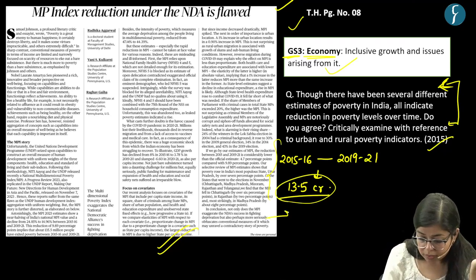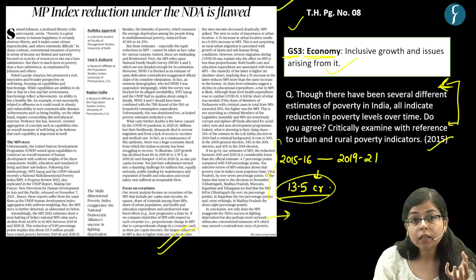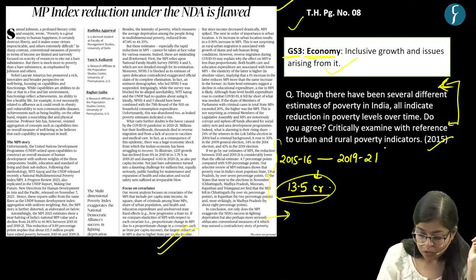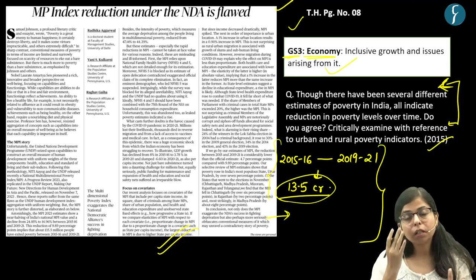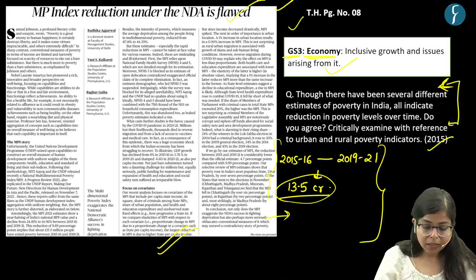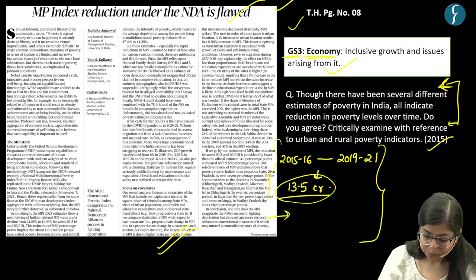Also, the report says that the reduction of multidimensional poverty in rural areas has been higher as compared to the reduction in urban areas, right? So, in this sense, the index shows that many people in the country are coming out of multidimensional poverty. So, this article says that maybe there are some issues in the parameters or in the methodology which is used in MPI, right?